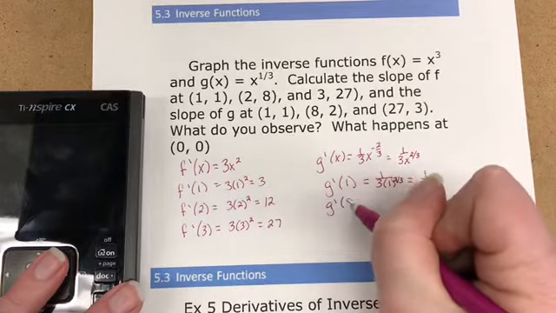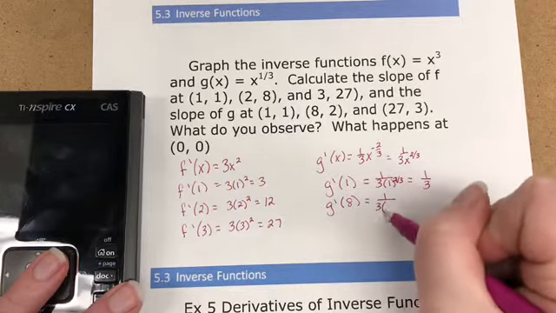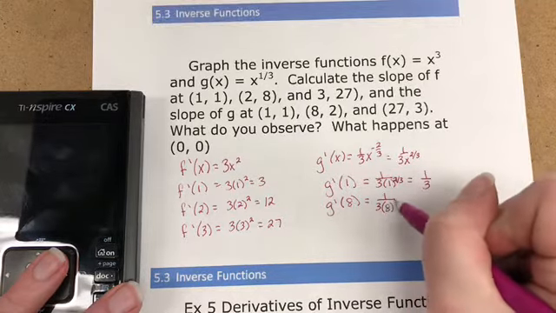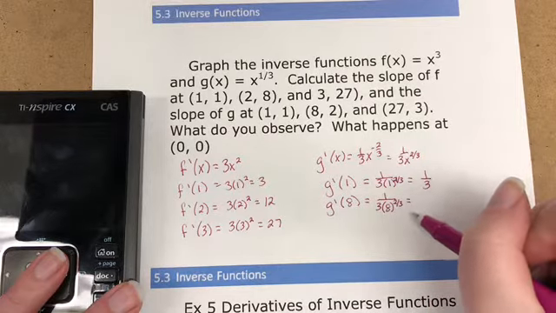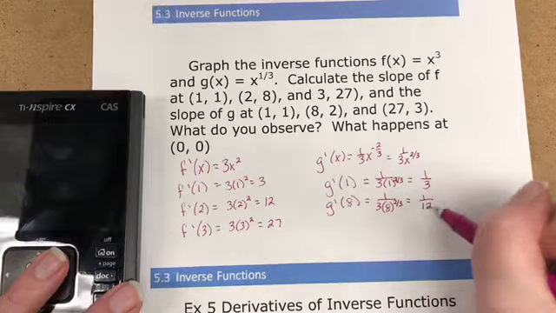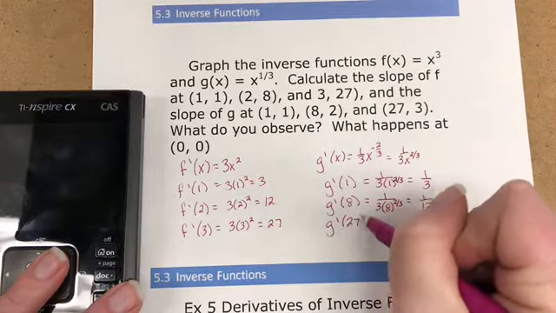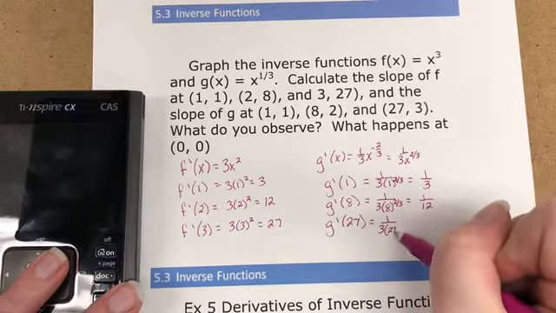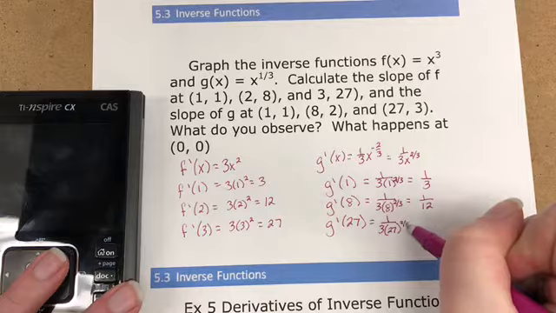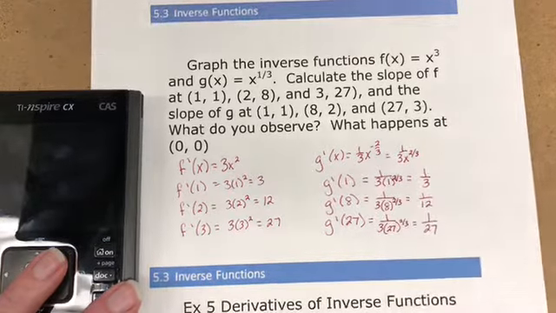G prime of 8 would be 1 over 3 times 8 to the 2/3, which would be 1/12. And g prime of 27 equals 1 over 3 times 27 to the 2/3, which would be 1/27.